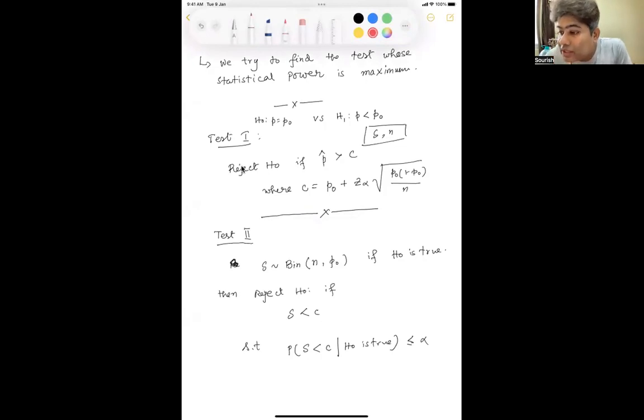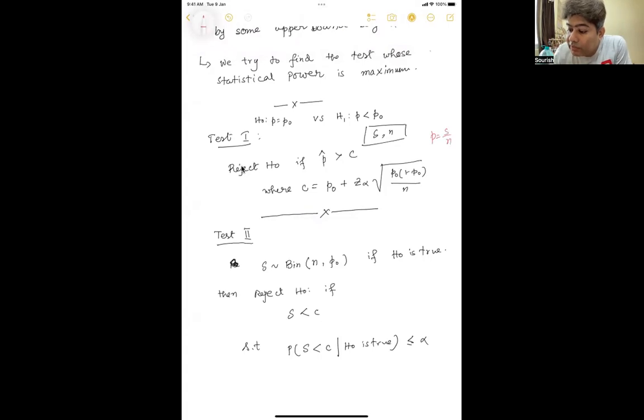Yes, I mean, obviously one is with the proportion, p hat is all about S by n, and in this case it is directly S, which is kind of obvious.